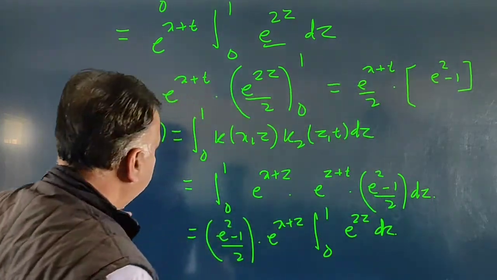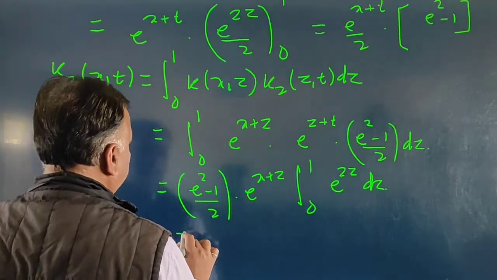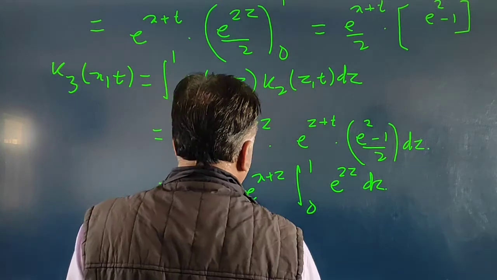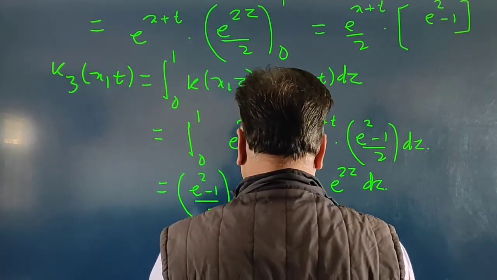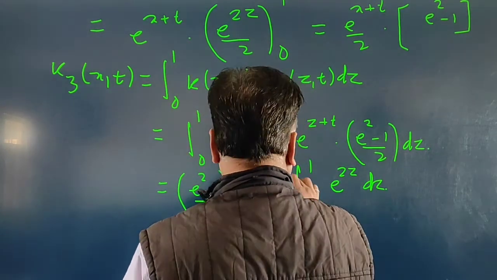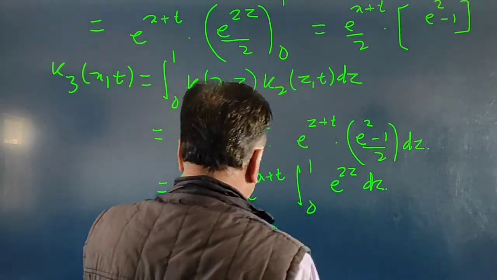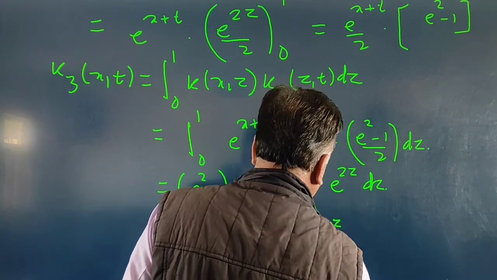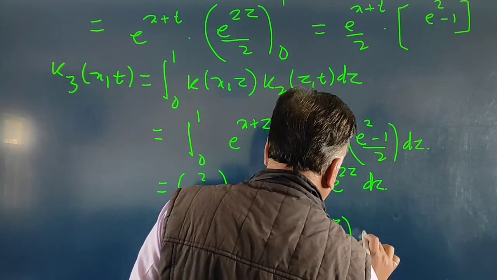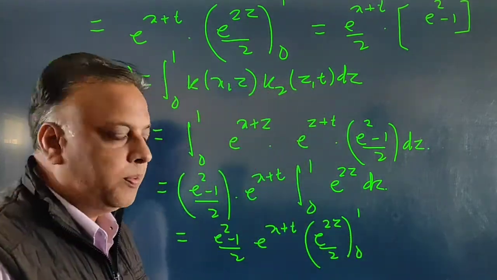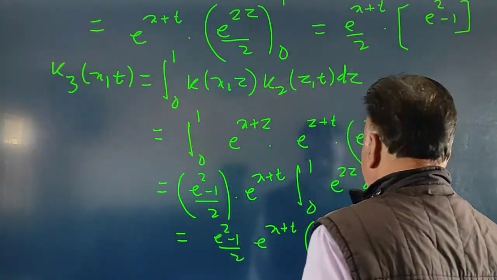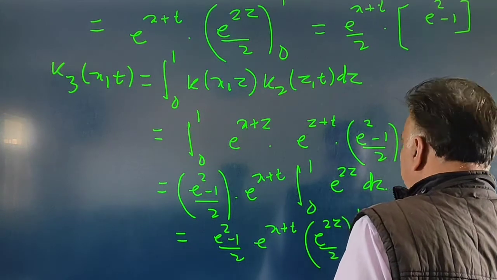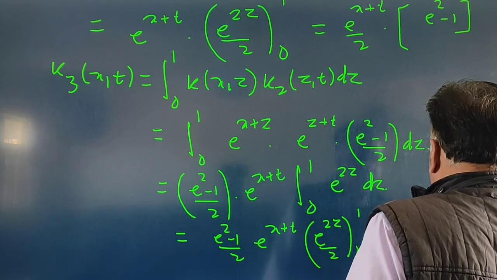Integrating, we get e raised to 2z upon 2 with limits from 0 to 1, and putting the limits, it is ((e squared minus 1) upon 2) whole squared into e raised to x plus t.